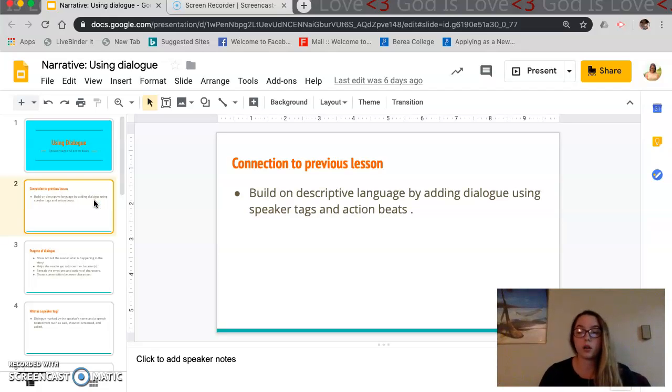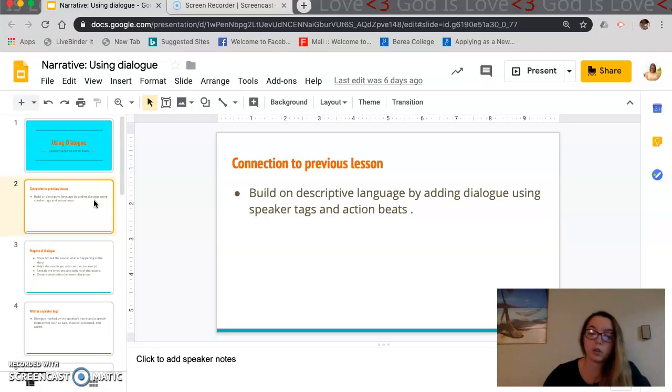So in our previous lessons, we learned how to find a topic, plan a narrative, and add descriptive language to our writing to show and not tell the plot line. While all of that is important, it is equally important to use dialogue to show and not tell the characters speaking to each other and their emotions.